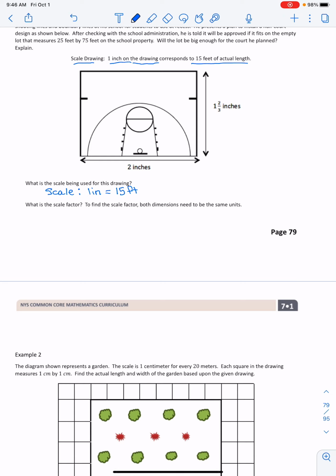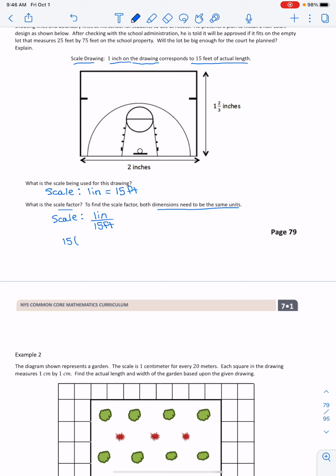And just like yesterday, to find our scale factor, remember both dimensions need to be the same units. So we're going to take our scale, and write it as a ratio. We're going to change it to the same units of measure, so 15 feet.